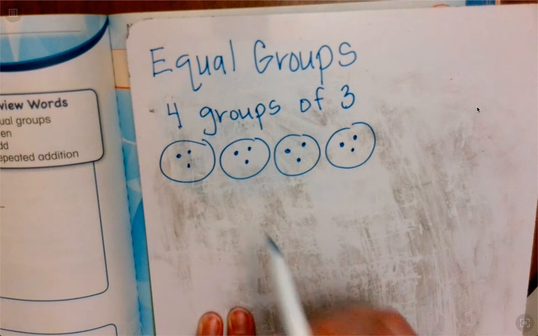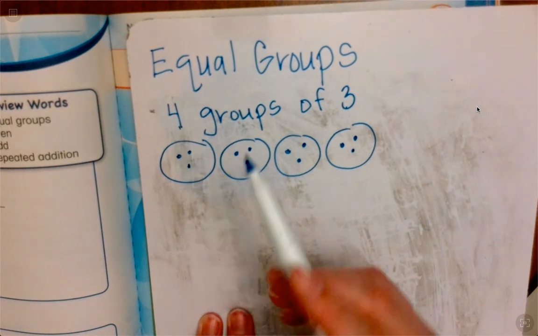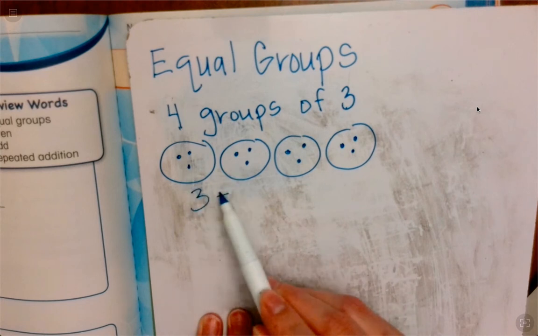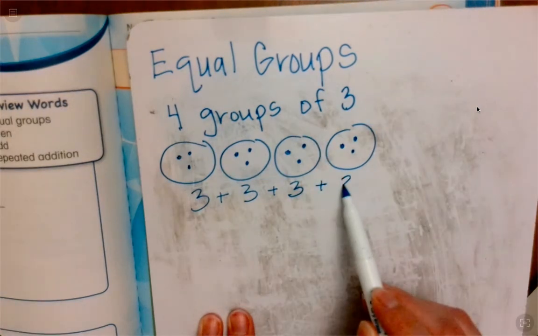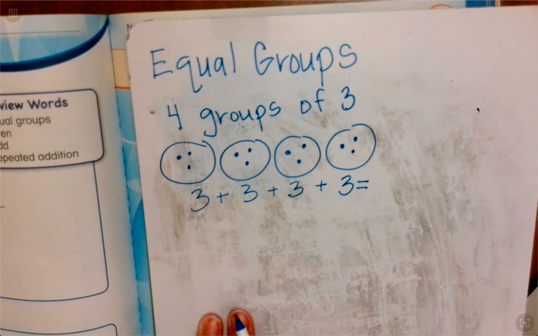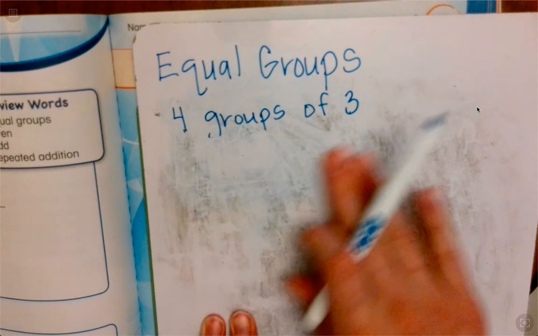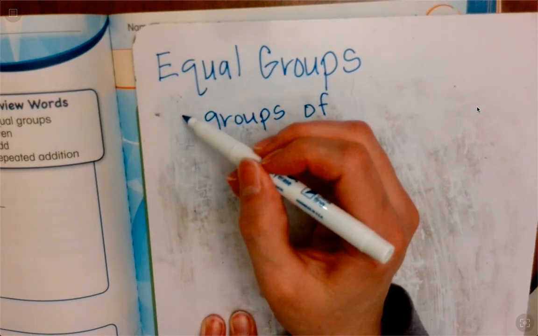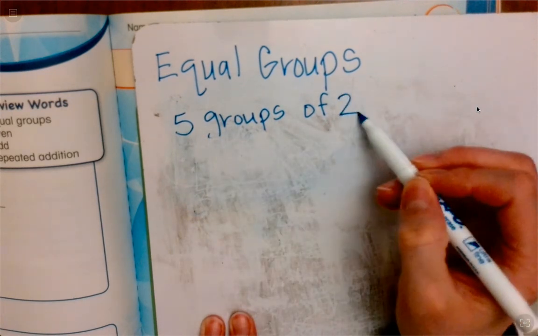Does anybody know how many are in those groups total? So you could add them up. You could say 3 plus 3 plus 3 plus 3. And what is that? Does that equal 12? Good. Let's say I wanted, let's do 5 groups of 2.